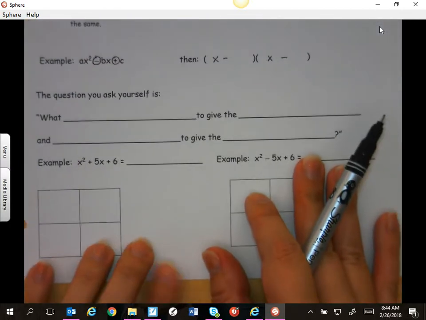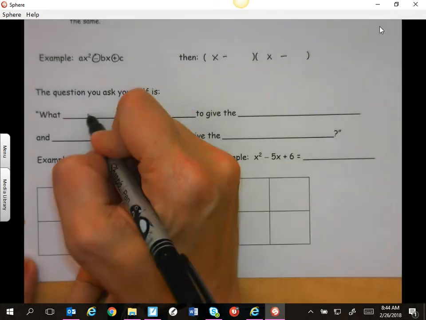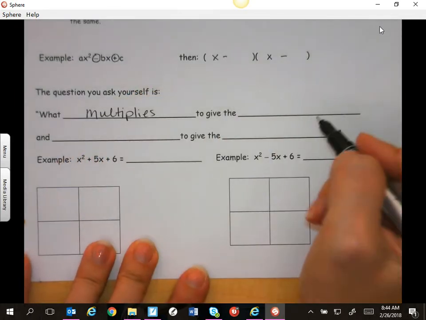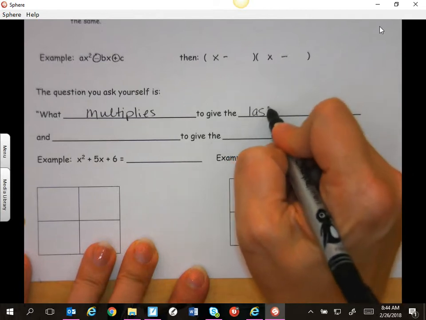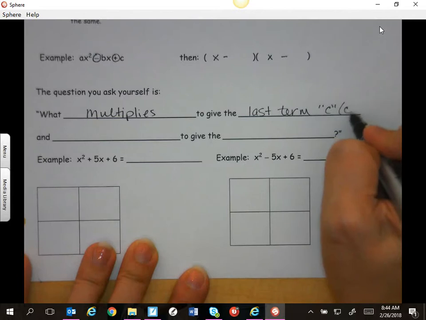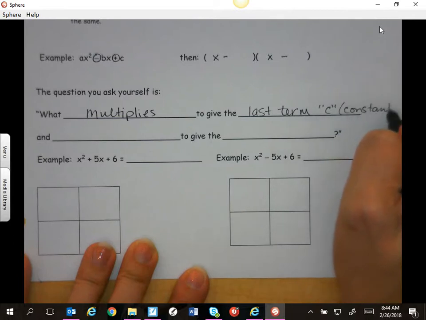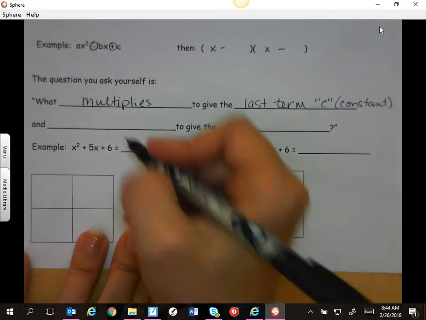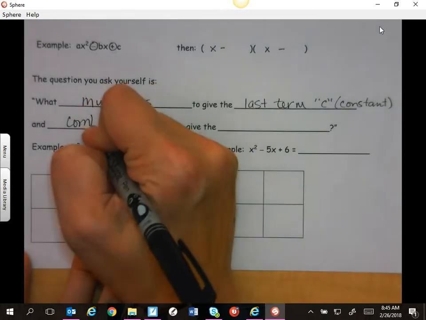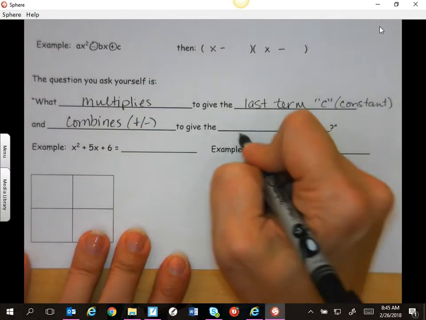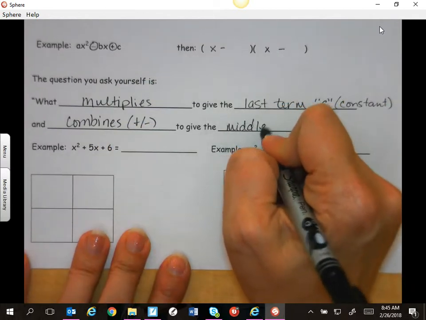We need to ask ourselves, it's almost like a puzzle, what multiplies to give the last term, your c or your constant? Signs play a huge role in this, and the factors combine, meaning add or subtract, to give that middle term, that b term.